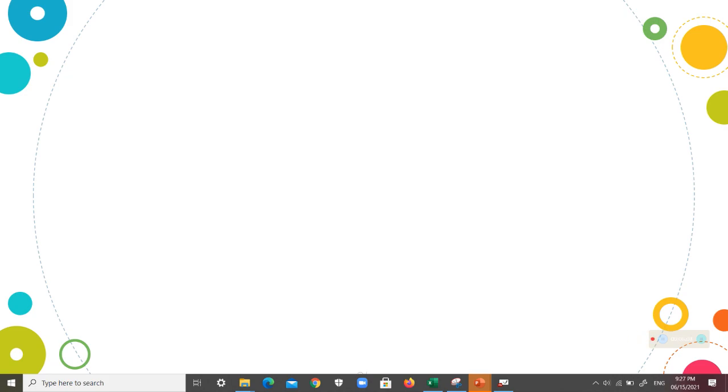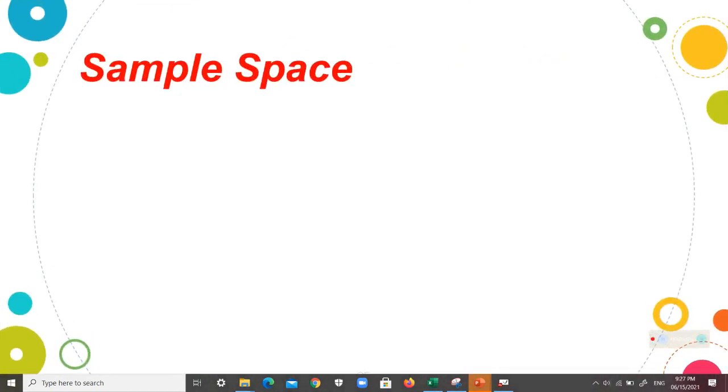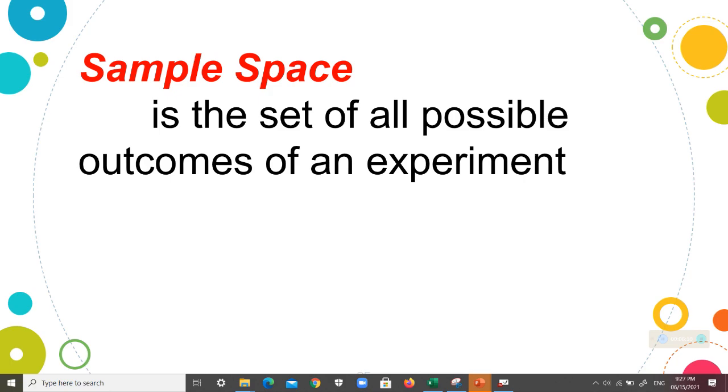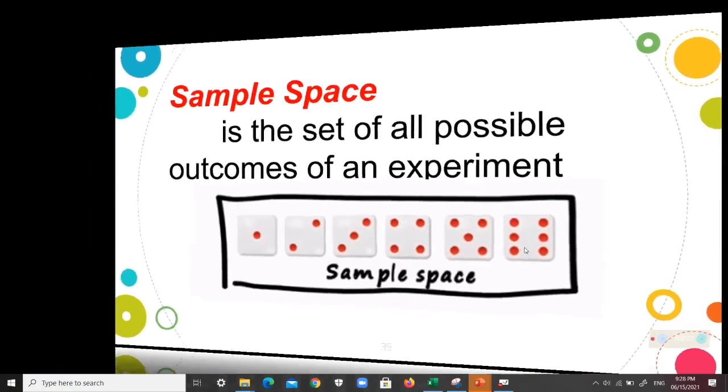We have here, correct, sample space. So what is a sample space? It is a set of all possible outcomes of an experiment, wherein the sample space of rolling a die will be 1, 2, 3, 4, 5, and 6. All the possible outcomes as you roll a die.